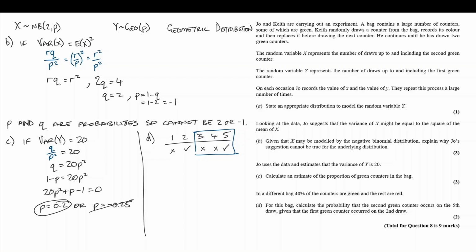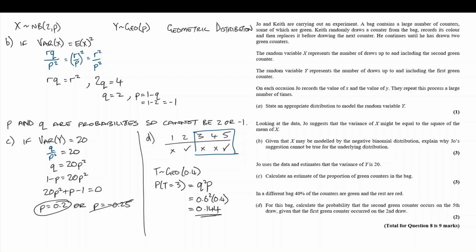The only things that have any variability to them, the only things that have a changeable outcome are attempts 3, 4, and 5. So that means there's only 3 attempts and 1 success. So actually, this is a geometric distribution. And we want to know the probability our success occurs on the 3rd attempt. So the probability that T equals 3, 2 failures and 1 success.